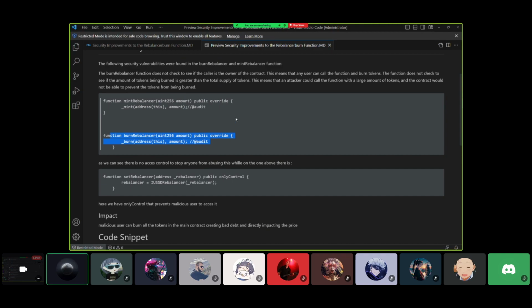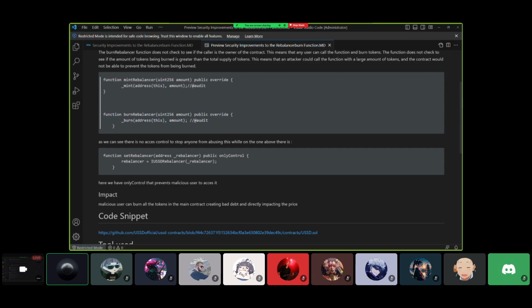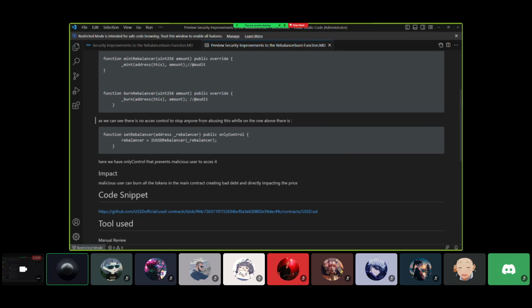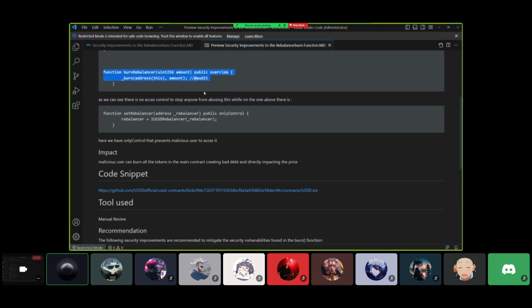On top of that, this is a Uniswap v3 contract, if I'm not mistaken, which means that if you can influence one of the tokens, you can influence the price in the pool. Somebody can correct me if I'm wrong, but that's my understanding. Obviously, you can burn all the tokens here as well, so that's a direct impact.